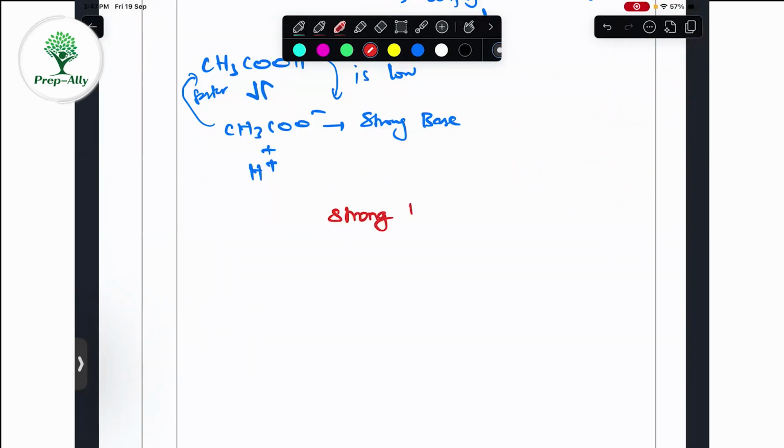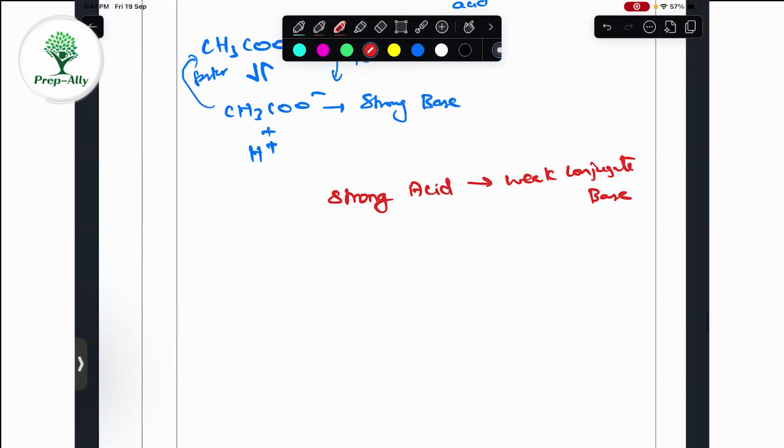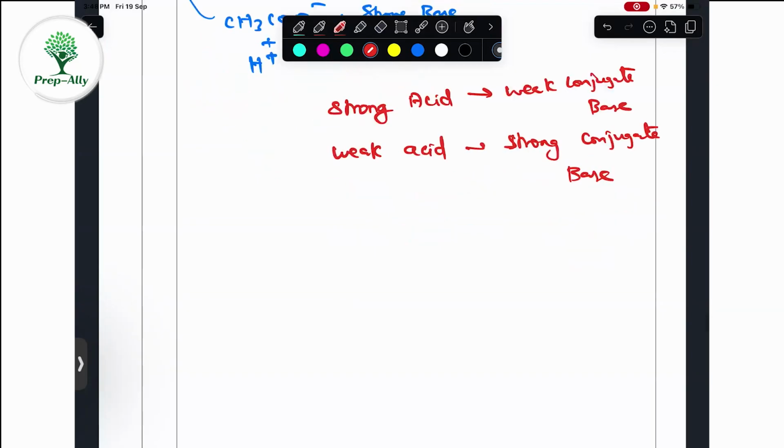If it is a strong acid, it will dissociate to produce a weak conjugate base. If it is a weak acid, it will dissociate to produce a strong conjugate base.